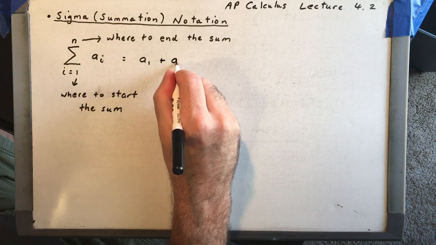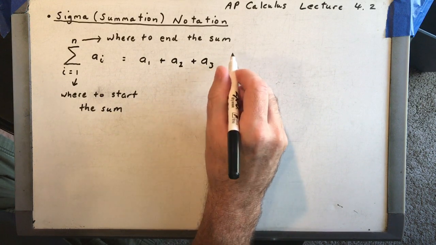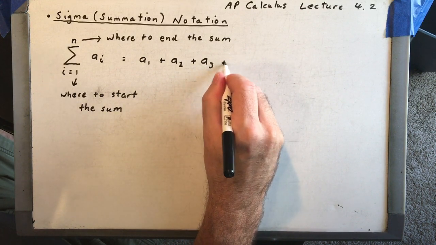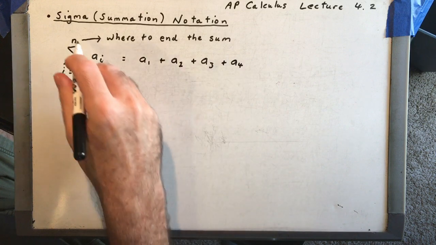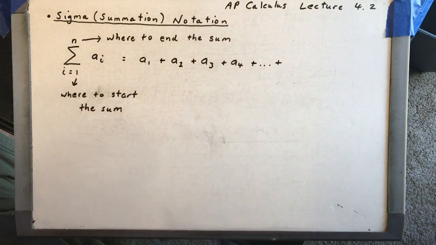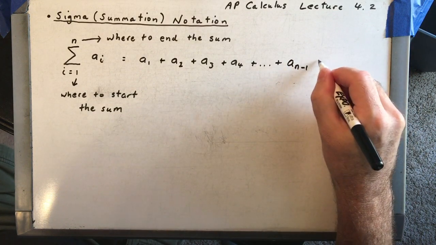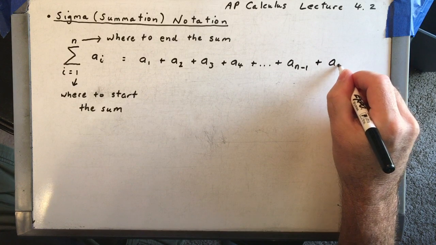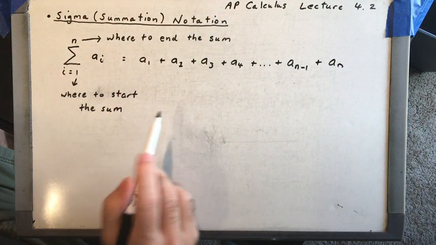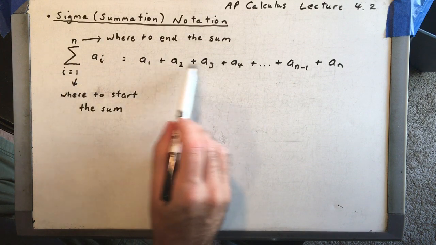So it'd be plus a sub 2 plus a sub 3 plus a sub 4, and however big n is, then you dot, plus a sub n minus 1 plus finally a sub n. And so this is a shortcut of writing all that out.